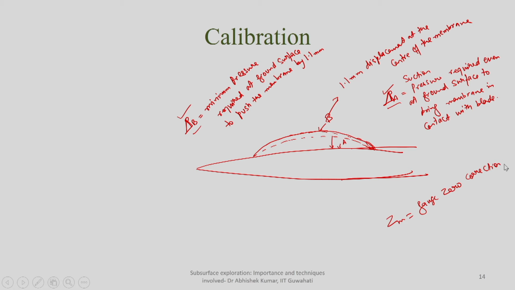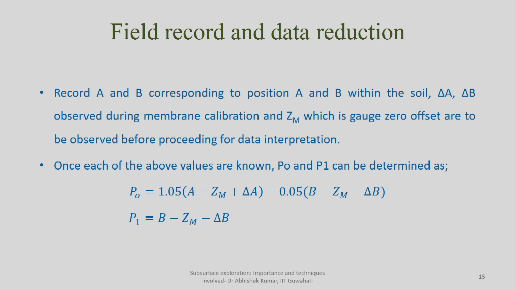Okay. So remember, whatever field measurements you have done at the site of interest, to find out how much pressure is required to bring the membrane in contact with the blade, and how much pressure is required to push the membrane 1.1 mm, you have to apply some pressure. So this is the pressure measured at the depth of interest corresponding to position A. This is the pressure required again to bring the membrane to position A at the ground surface.